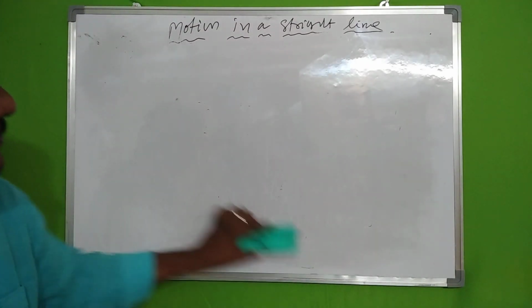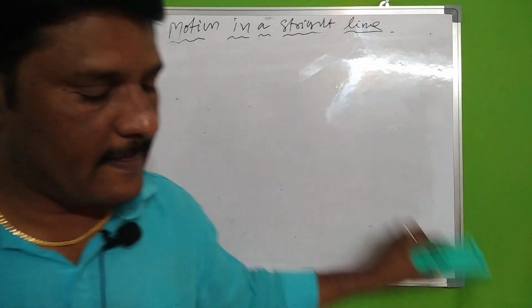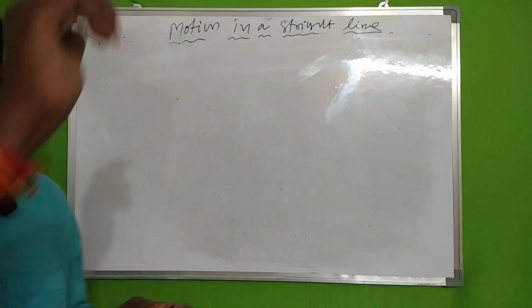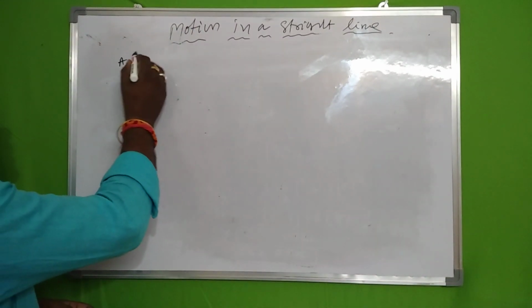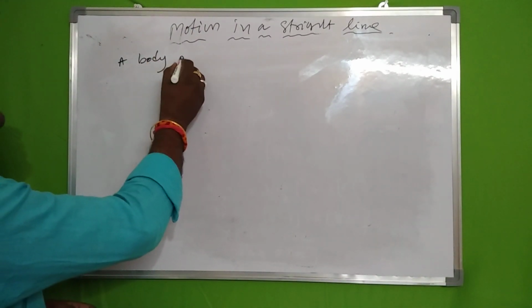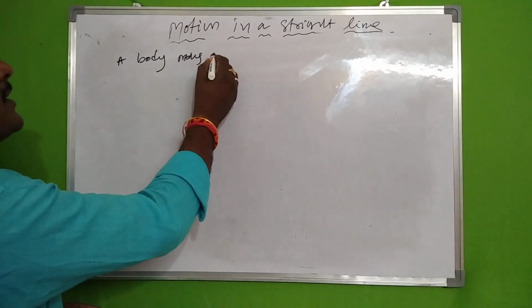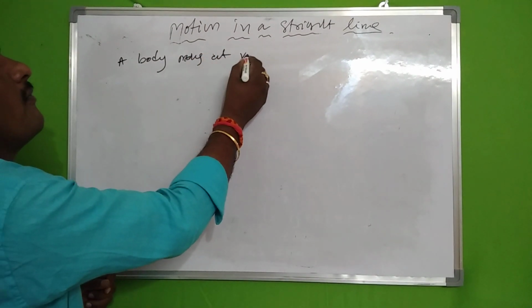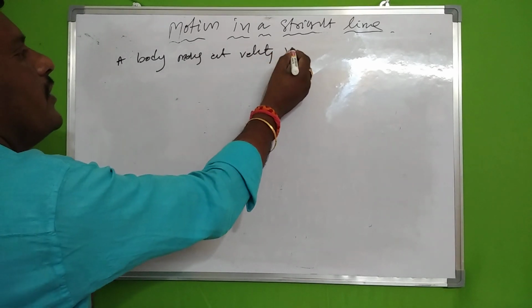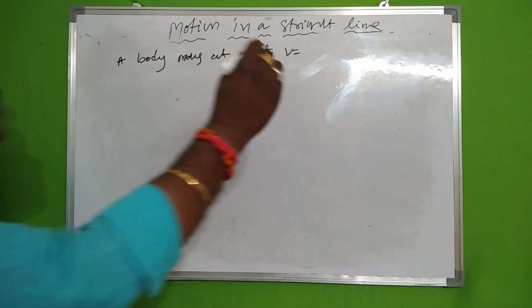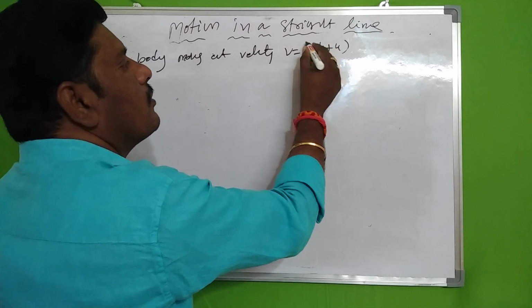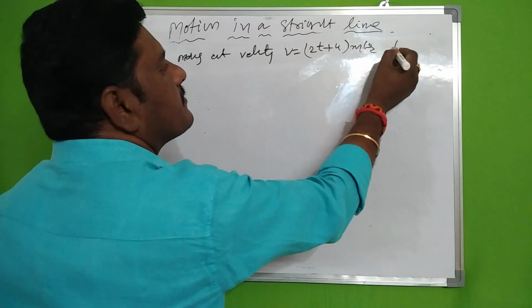Another problem. A body moves at a velocity v equal to 2t plus 4 meter per second.